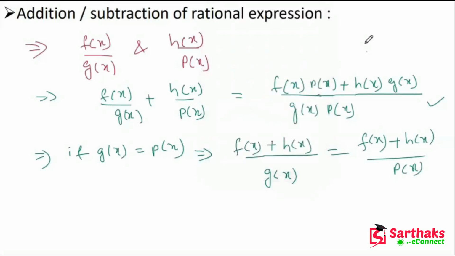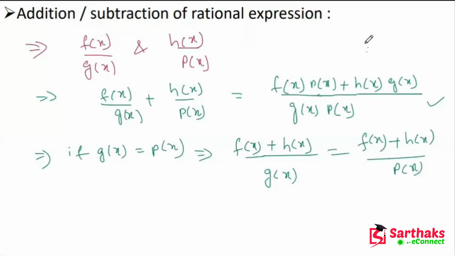Now, what is the condition of subtraction? The condition of subtraction is that it is the same. Here we can minus also. Addition and subtraction are the same, but we just have to change the sign. Now there is a note. The note is that the sum or difference of two rational expressions is also a rational expression.